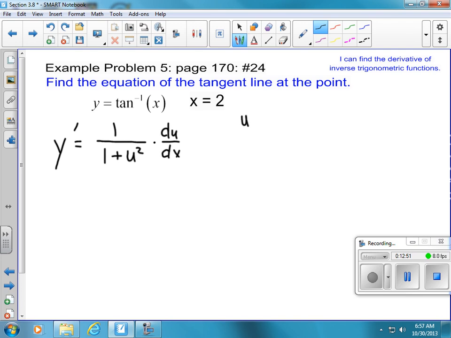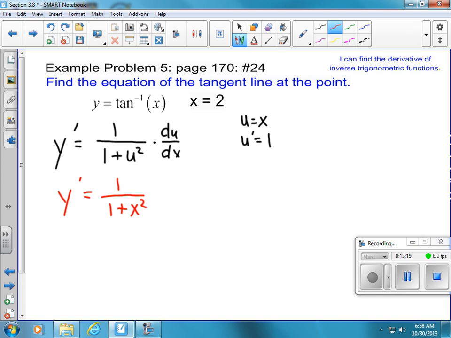And in this case, our u is x, because it's our angle right here, and u prime is 1. You've got to love this problem. And so we're going to just plug in our u and u prime. So 1 over 1 plus x squared times 1. That's our answer for our derivative.